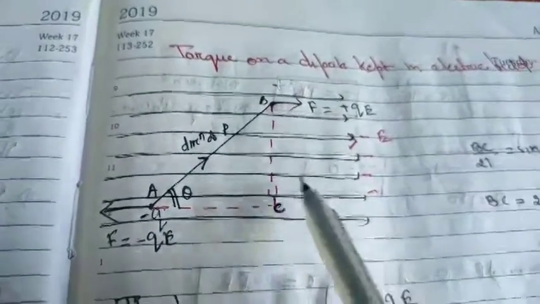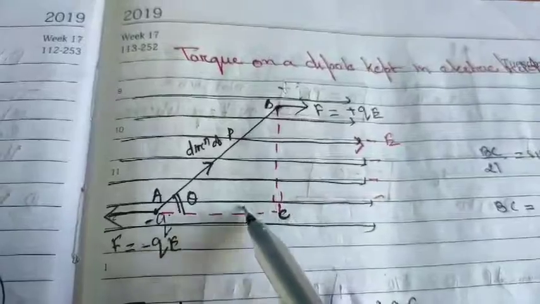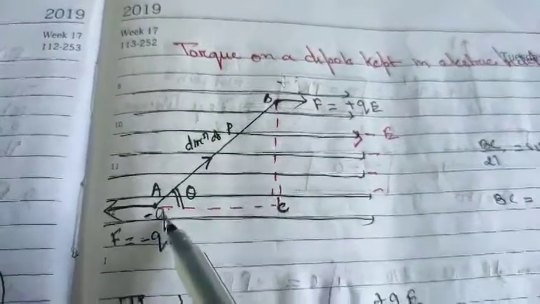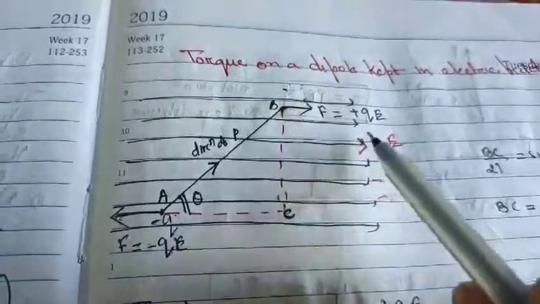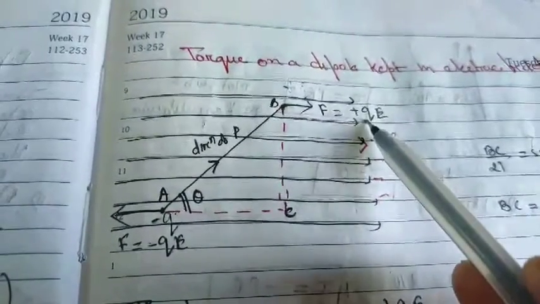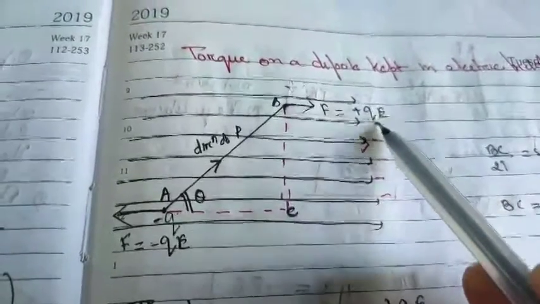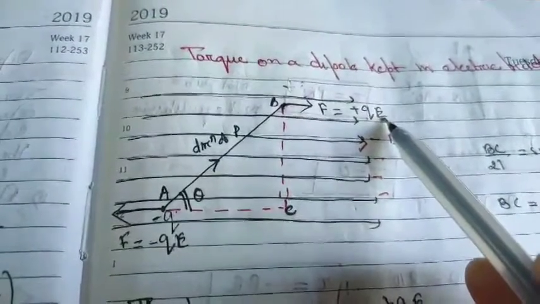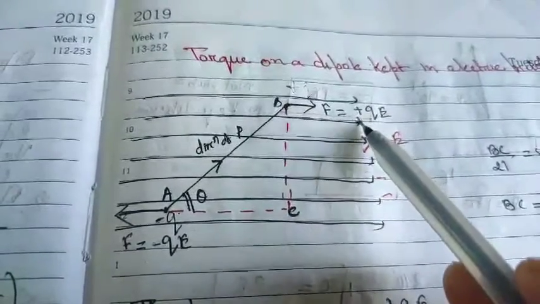Let us see. Here you have seen the imaginary dotted line that I have drawn. This is the force experienced by the negative charge, and this is the force experienced by the positive charge. As the electric field is uniform, both the fields remain the same, only the charge value differs.